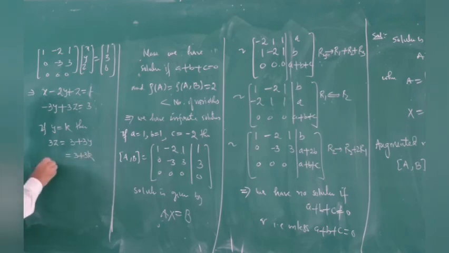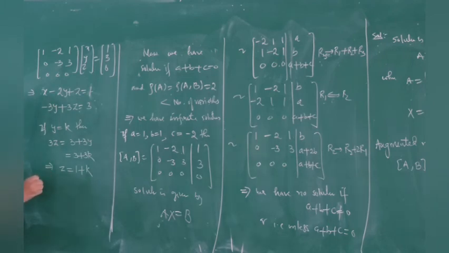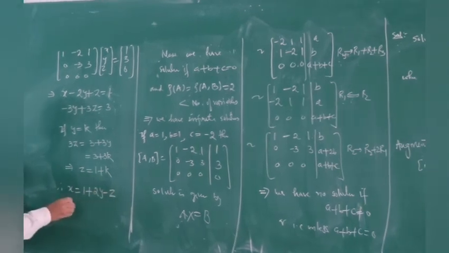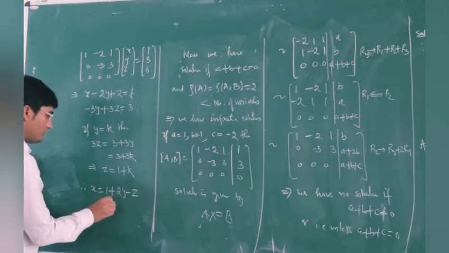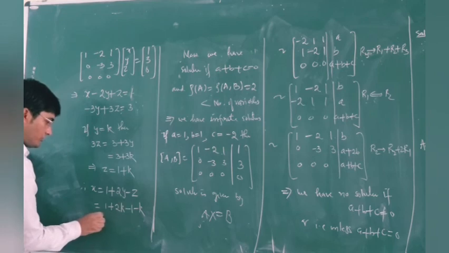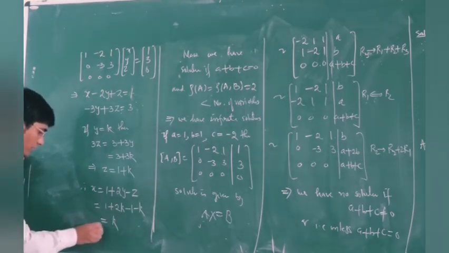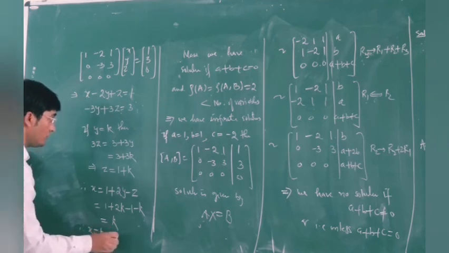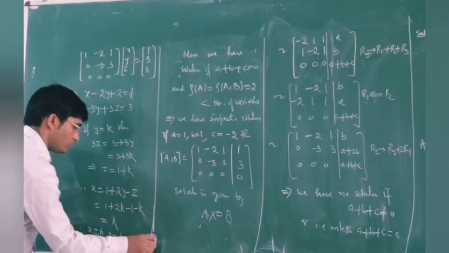So your Z will be 1 plus K. And from the first equation your X will be equal to 1 plus 2Y minus Z. So this is equal to 1 minus 1 plus 2K, and your Z is minus 1 minus K. So this is equal to K. Therefore X equals K, Y equals K, and Z equals 1 plus K is the solution.